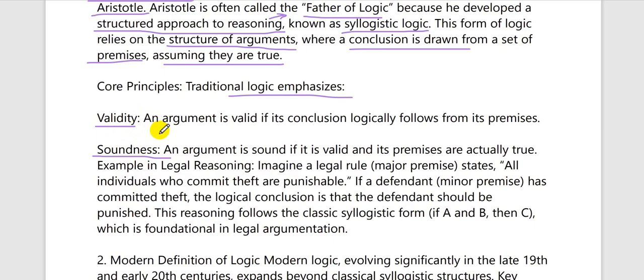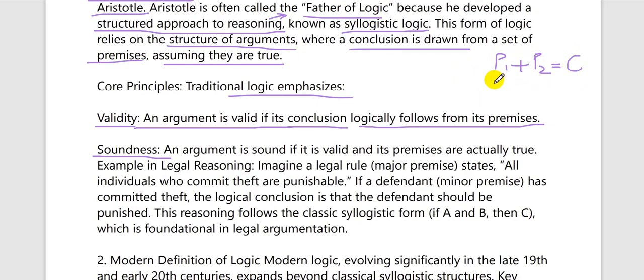So what is validity? An argument is valid if its conclusion logically follows from its premises. That is, whatever the premises may be, premise number 1 plus premise number 2, that is statement number 1, statement number 2, should logically lead to a valid conclusion. So P1 plus P2 should lead to C, which is the conclusion.